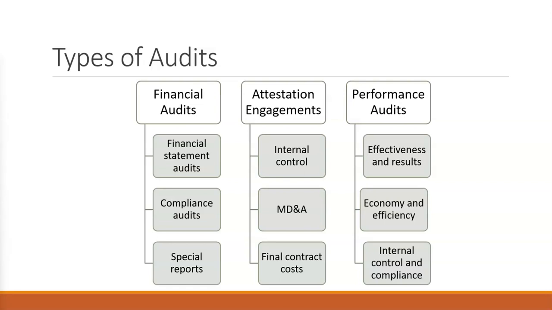And then a performance audit is looking at performance evaluation. Performance evaluation audits are generally used to assess effectiveness and results, but also as a kind of consulting tool: what recommendations can you give us to improve what we're doing so that we have improved performance?